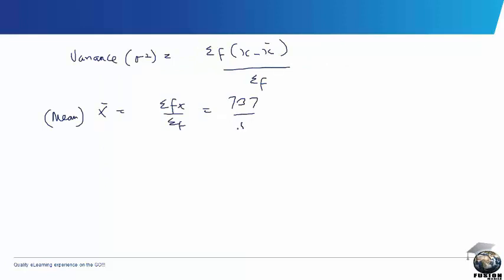When we divide 737 by 50, we have 14.74.